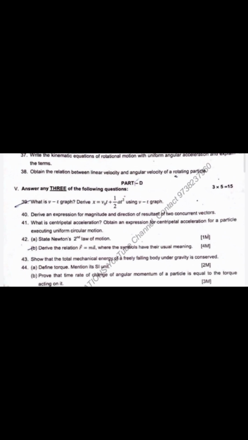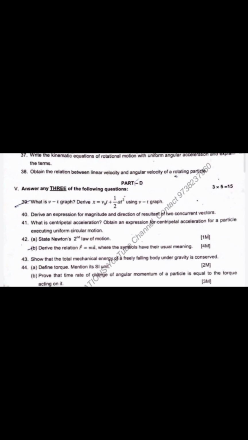What is vt graph? Derive x is equals to v0t plus half at square using vt graph. Derive an expression for magnitude and direction of resultant of two concurrent vectors. What is centripetal acceleration? Obtain the expression for centripetal acceleration for a particle executing uniform circular motion. State Newton's second law of motion.